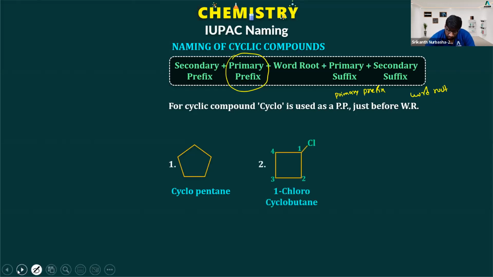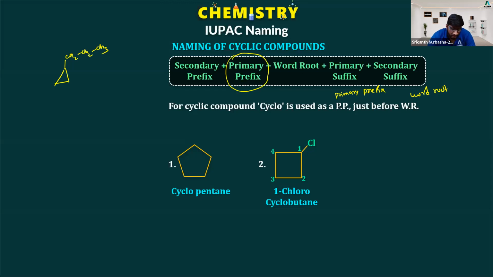What are the next compound? Like you have 4-membered ring, it can be written as 1-chlorocyclobutane. Only one chlorine is there. You don't need to give the numbering also, because if it is chlorocyclobutane, it can be on any carbon, not an issue at all. Yes or no? If you have a compound like this, CH2, CH2, CH3.